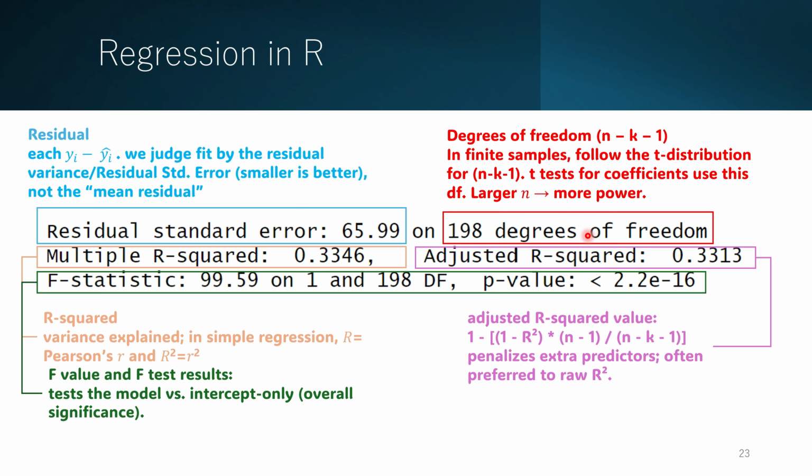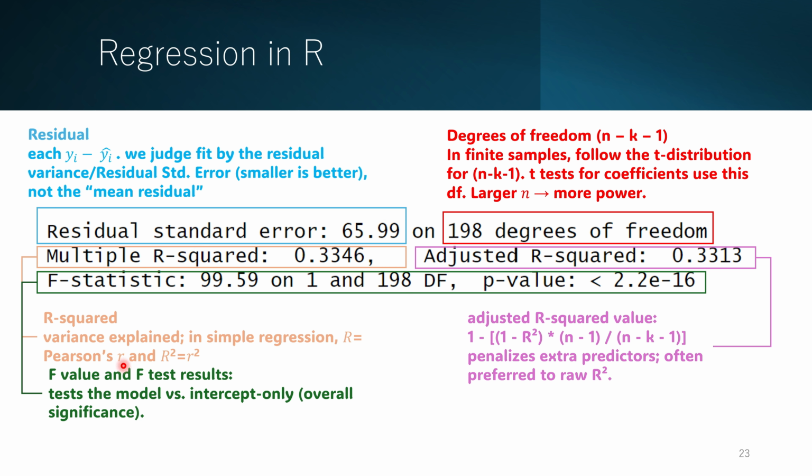The red area is the degree of freedom, n minus k minus 1. With a t distribution, the t-test can be done. If the sample size is larger, there is more power.